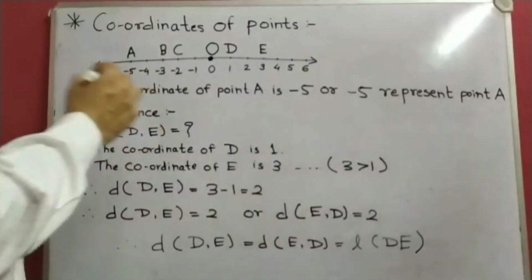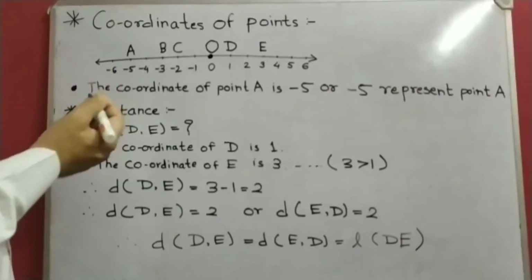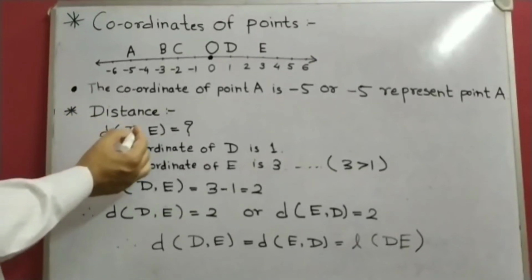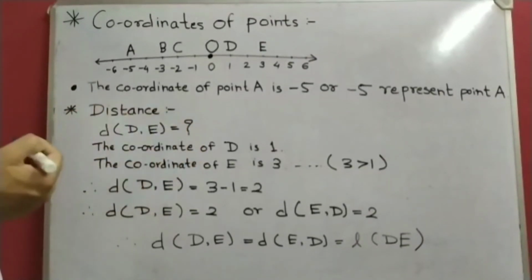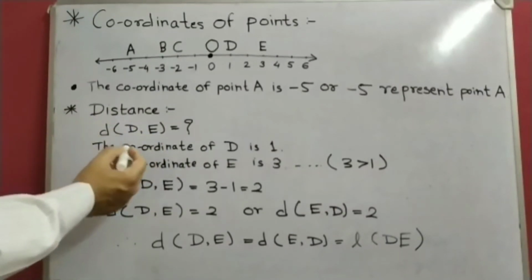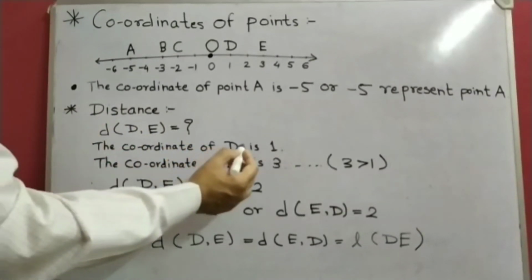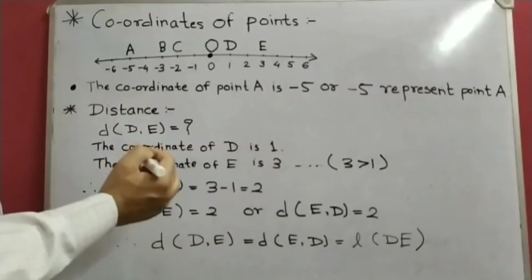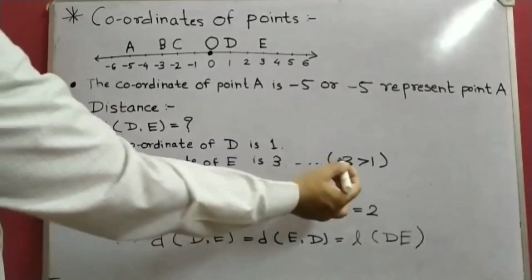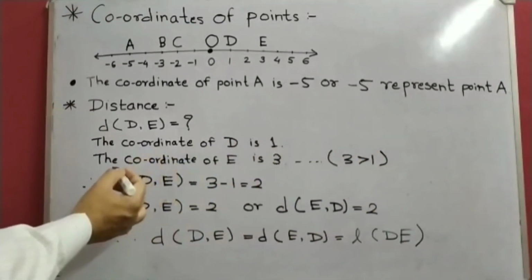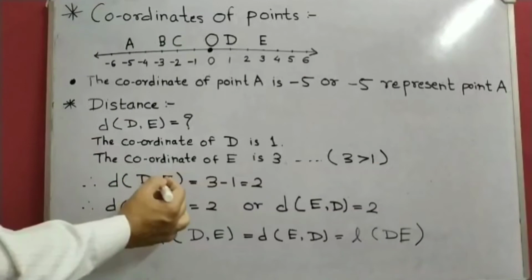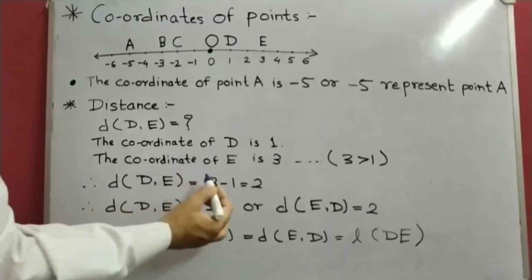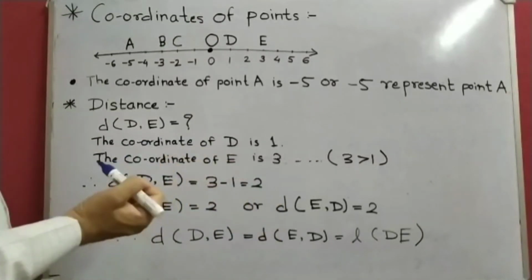Now distance, how do you calculate the distance? Look here, a question: distance DE is equal to what? First of all, we write the coordinate of D is 1. The coordinate of E is 3. Which is bigger? 3 is bigger than 1. So the formula is distance DE is equal to bigger minus smaller, that is 3 minus 1 is 2.